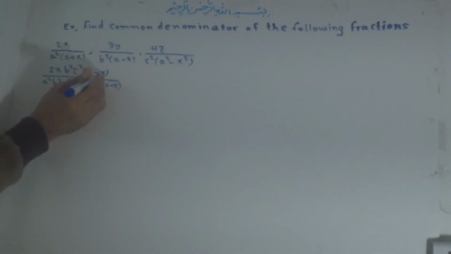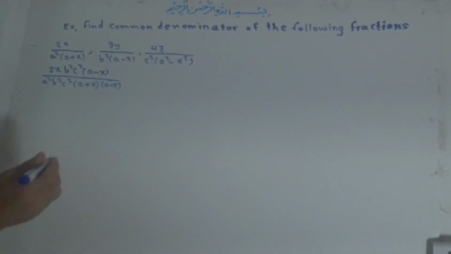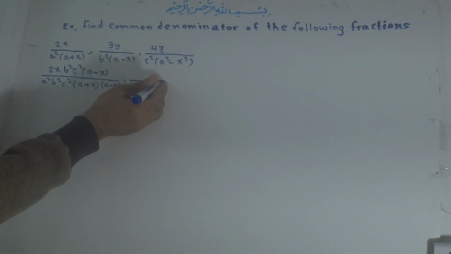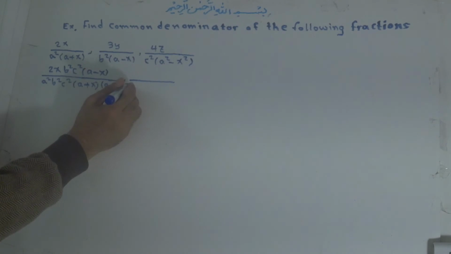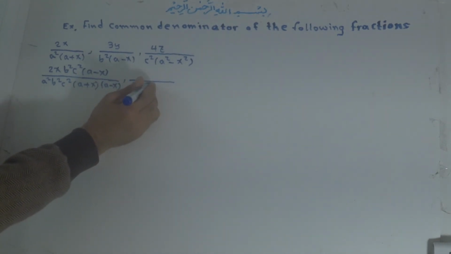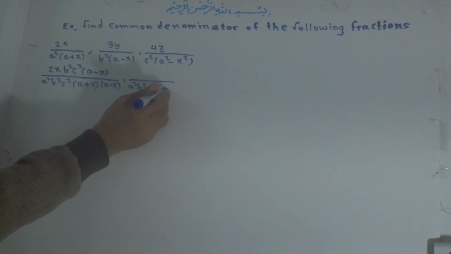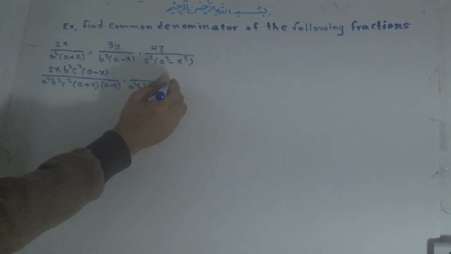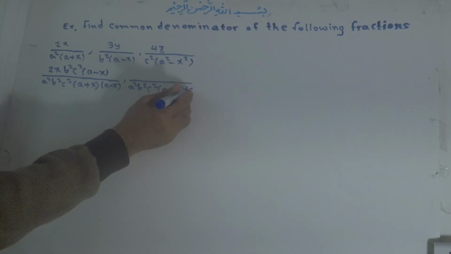Now for the second fraction, same common denominator: a to the power of 2, b to the power of 2, c to the power of 2, a plus x, a minus x.